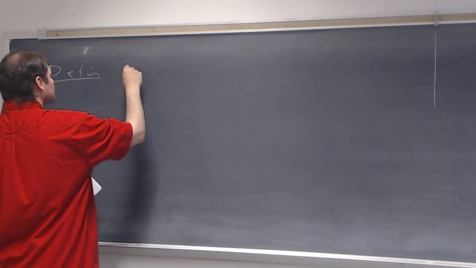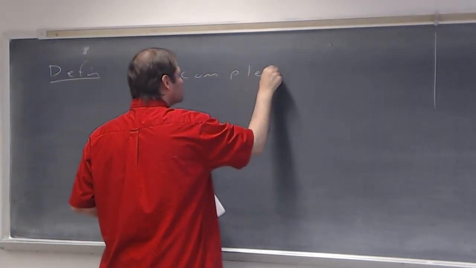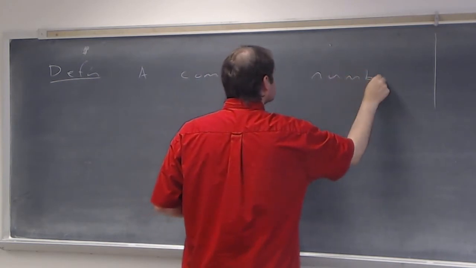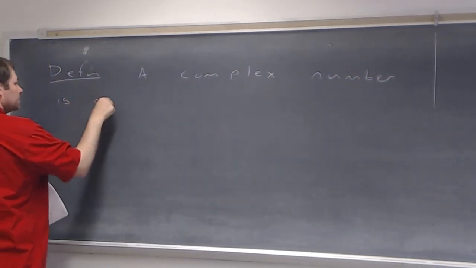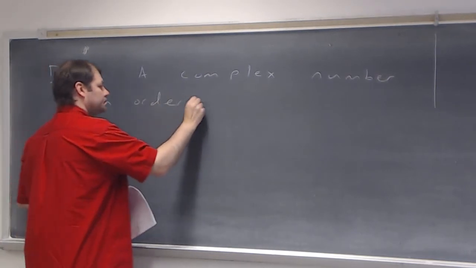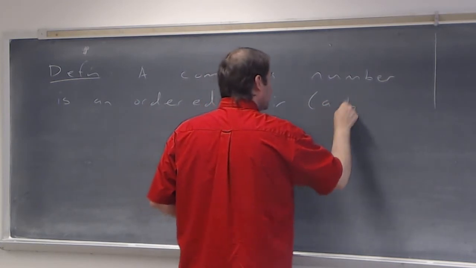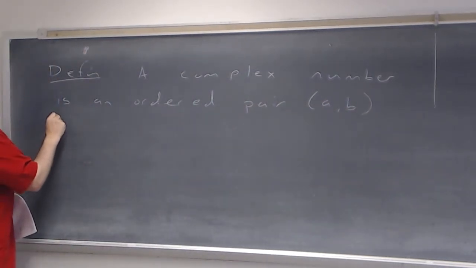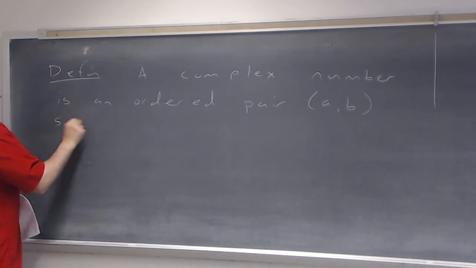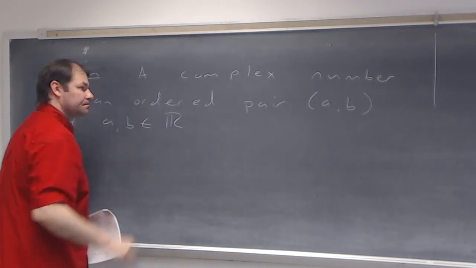So a complex number is an ordered pair (a, b) such that a and b are both real numbers.